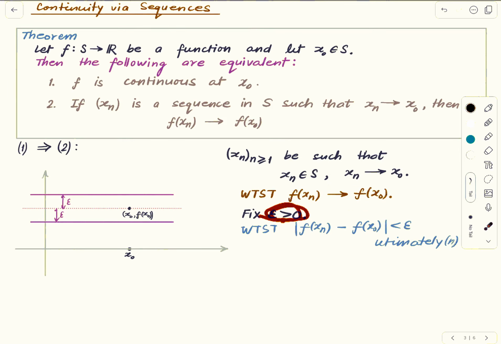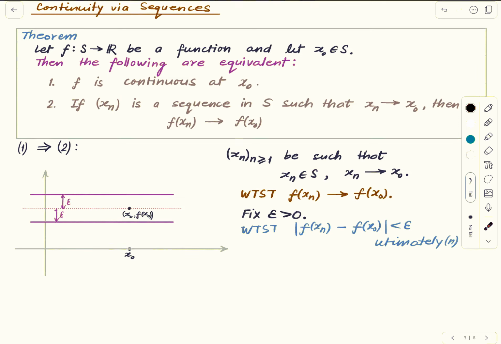To fix some epsilon greater than 0, I have drawn the epsilon band around the point x0, f(x0), and we want to show this. Now, by continuity of the function, meaning hypothesis 1, there is some delta neighborhood such that whenever a point is chosen in the delta neighborhood of x0 and in the domain of the function, the corresponding point of the graph is in this epsilon band.